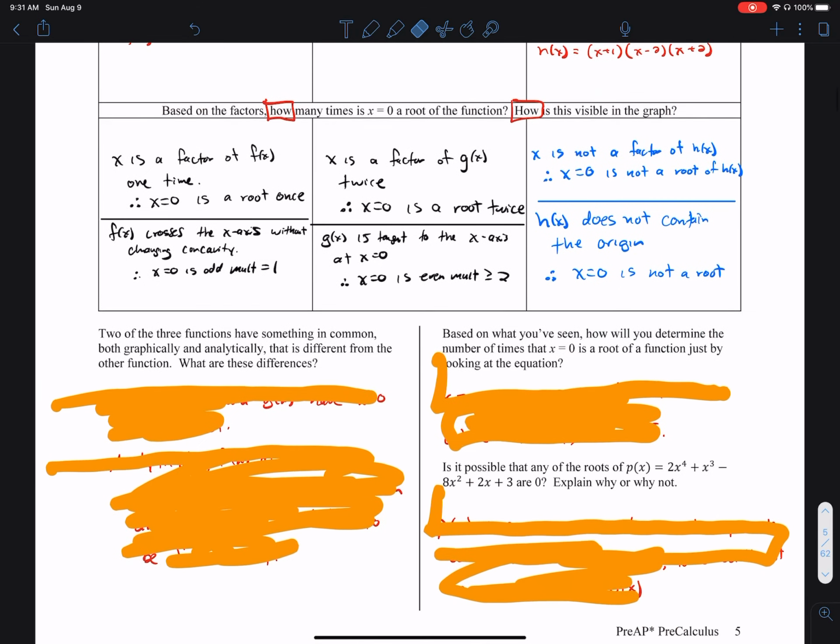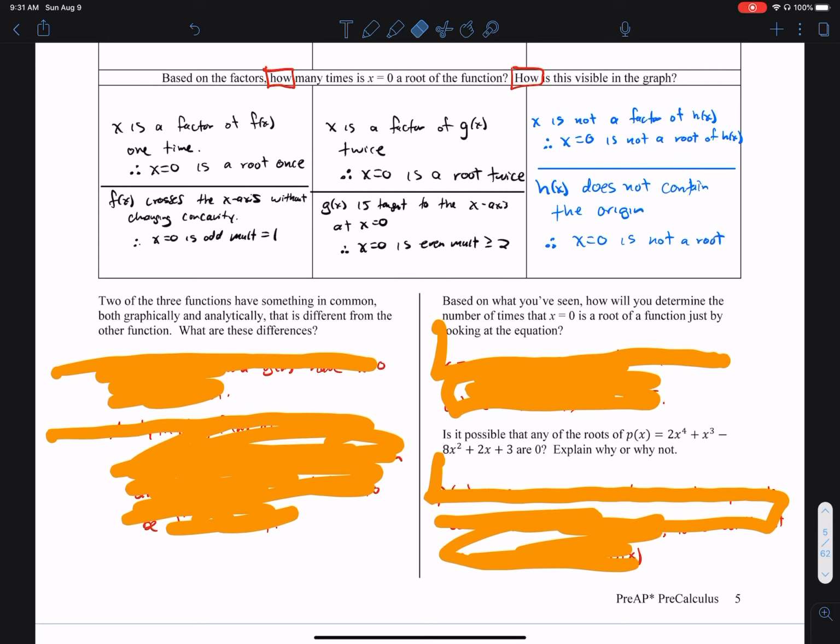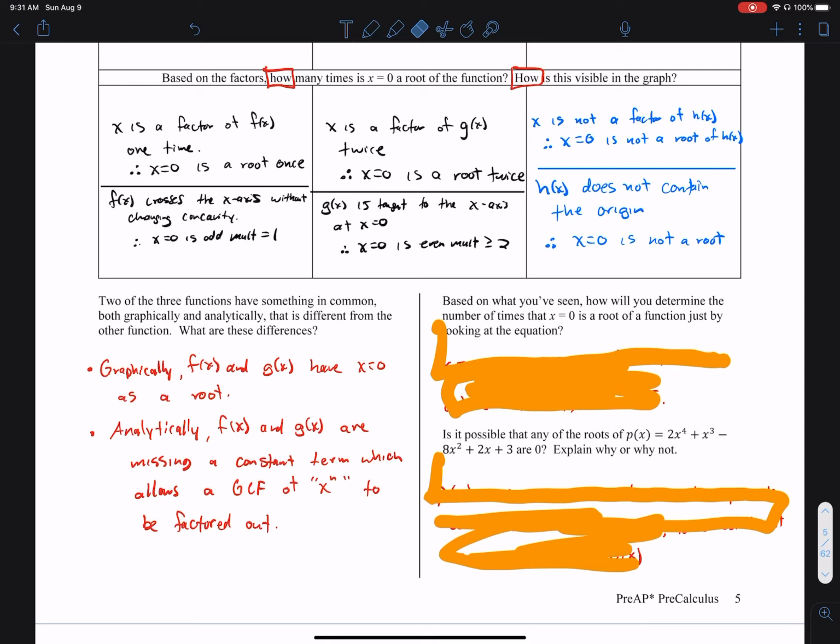So let's try to sum this up. Two of the three functions have something in common, both graphically and analytically, that is different from the other function. What are these differences? Well, graphically, f and g of x have x equals 0 as a root. Analytically, f of x and g of x are missing a constant term, which allows a greatest common factor of x to be factored out.